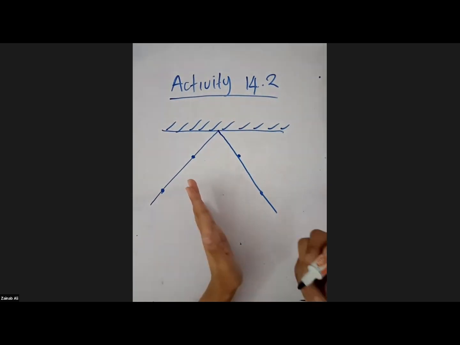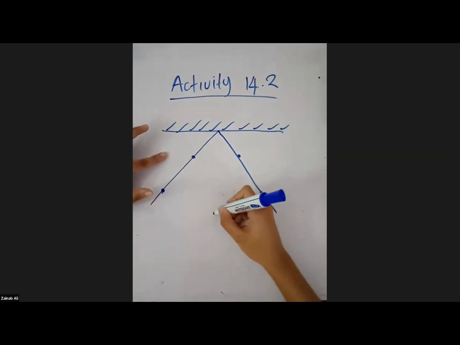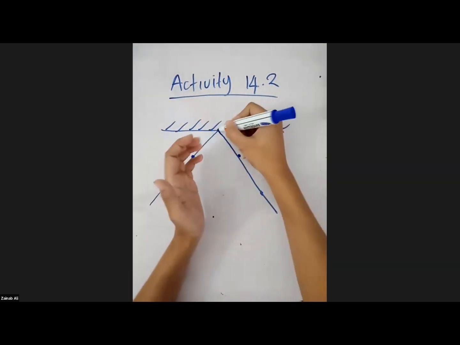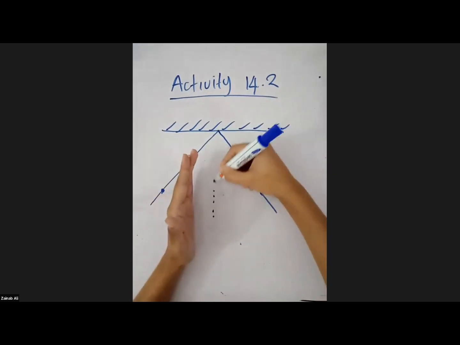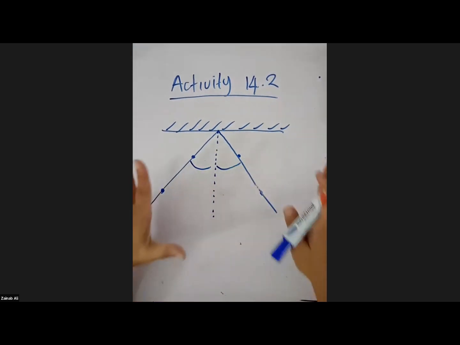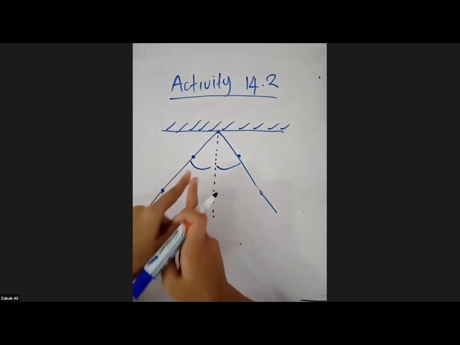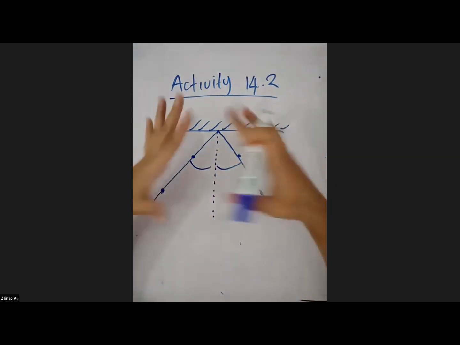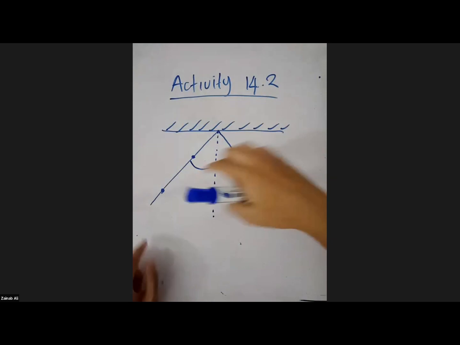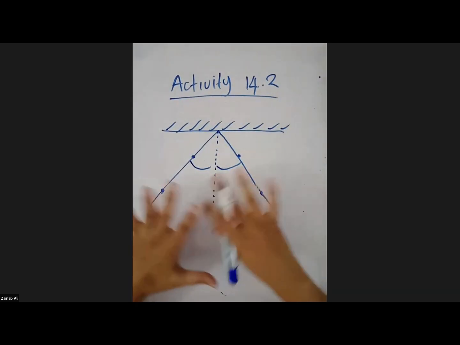After you draw this, at the point of incidence you can draw a normal and measure and see whether the diagram you drew was correct. It will be exactly the same. It will be like the incident ray is coming and falling and it is reflecting. So you will get a diagram like this.